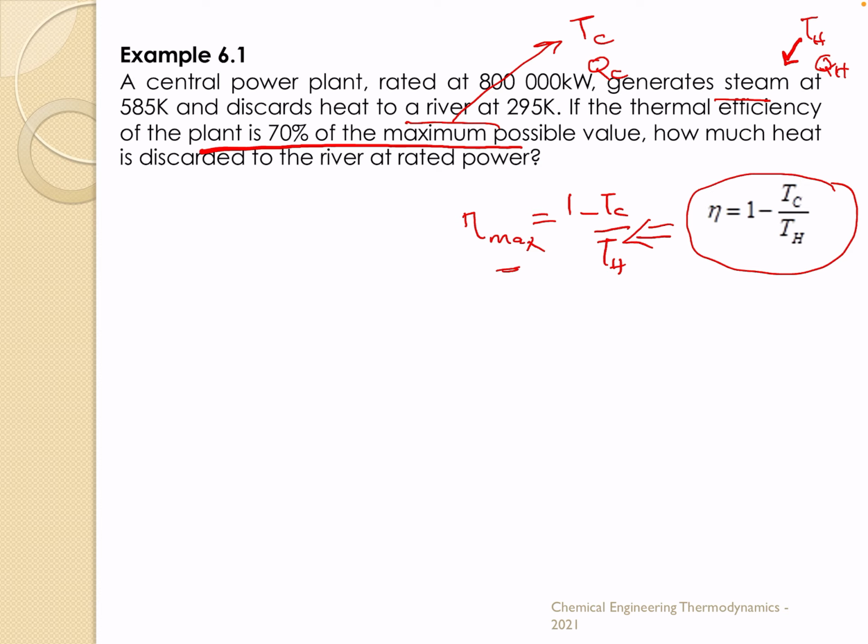At the river temperature, remember we said that would be the TC. So TC equals 295 Kelvin, that's your cold reservoir. And we've also said at TH, the high reservoir, that is 585 Kelvin.